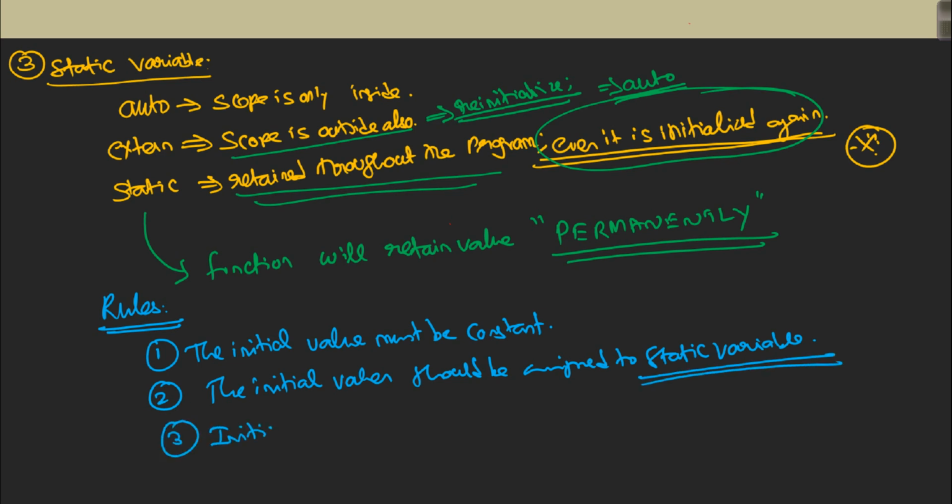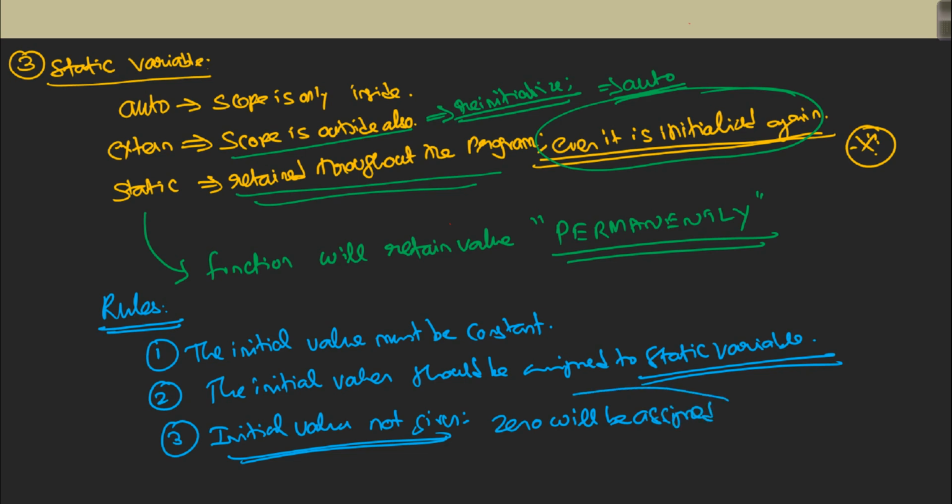If initial value is not given, then 0 will be assigned. This is there. Clear? So you will understand it in a very clear manner with the following example program.